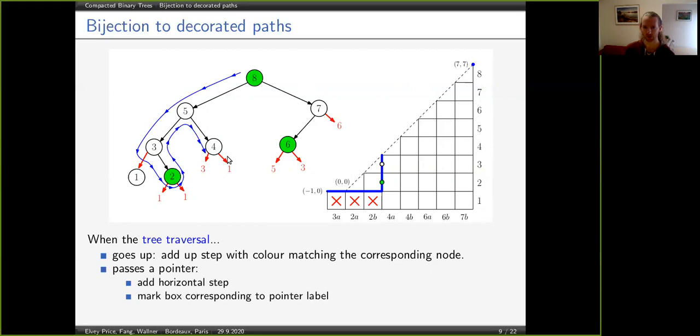Now we pass a couple more pointers, so in this case we get a cross in row 3 and then a cross in row 1 because of these numbers, and so on. You can see that the up steps go in order: in each case the state corresponding to the up step is the same as the number of the row of the up step.